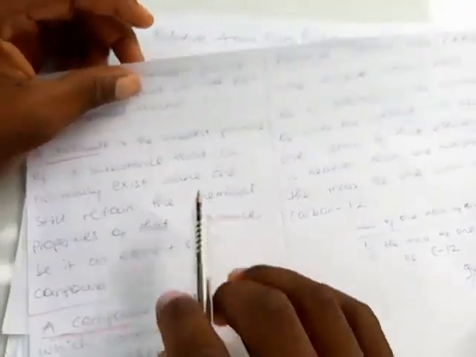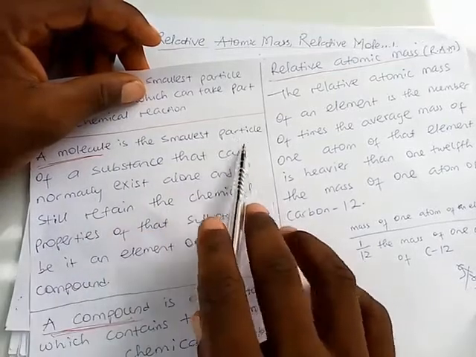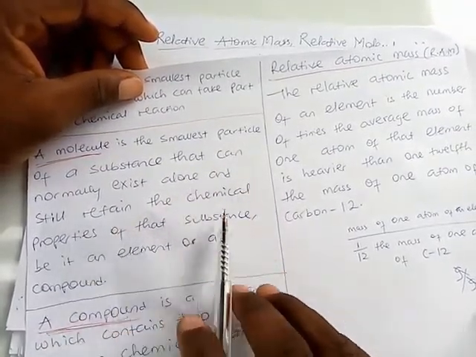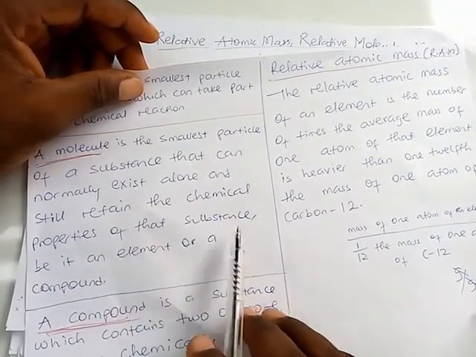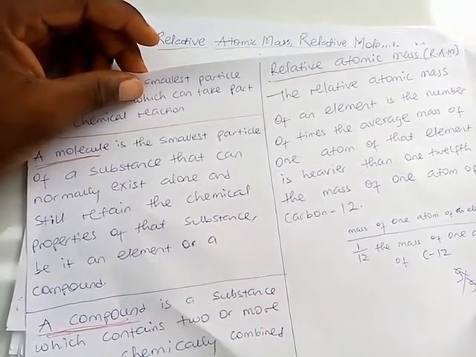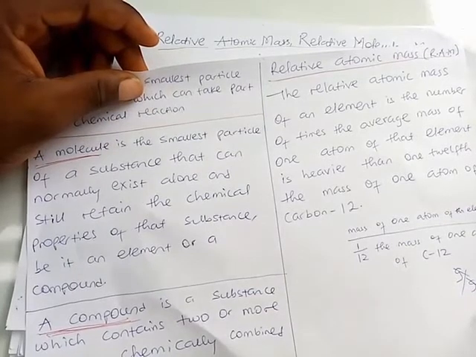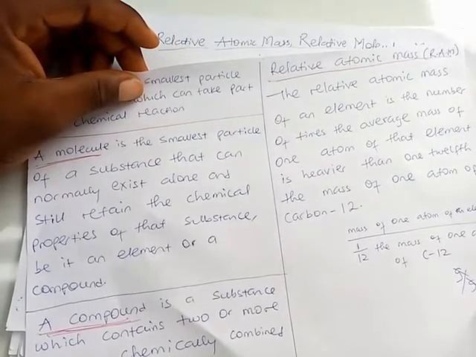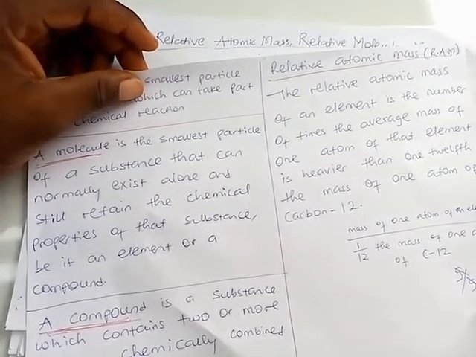From our definition of a molecule, we say that it's the smallest particle of a substance that can normally exist alone and still retain the chemical property of that substance, be it an element or a compound. So we can say a molecule of an element or a molecule of a compound.